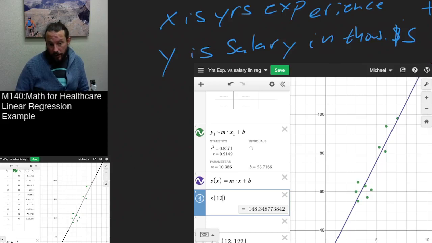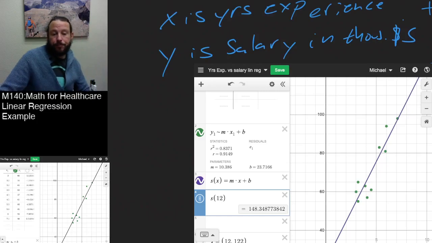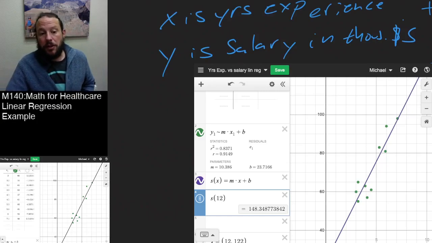Right? And don't forget that because this is in thousands of dollars, the 0.3 is something you want to keep. That's $300, right? That's not just 0.3. It's not 30 cents, so to speak. All right.